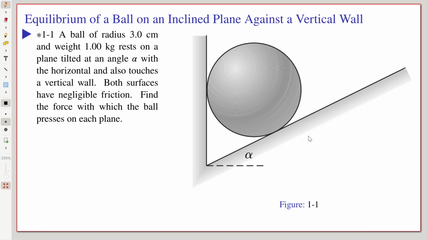Because according to Newton's third law, every action has an equal but opposite reaction. So this ball also exerts two forces, one on the wall and one on the inclined plane, equal in magnitude to the forces these two surfaces exert on the ball, but in the opposite direction.